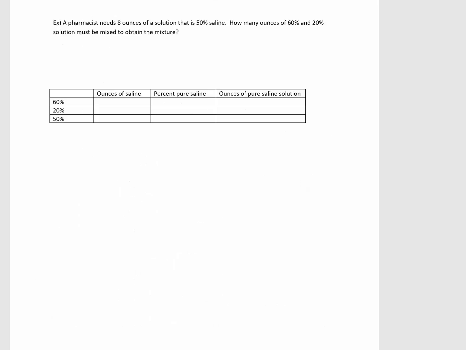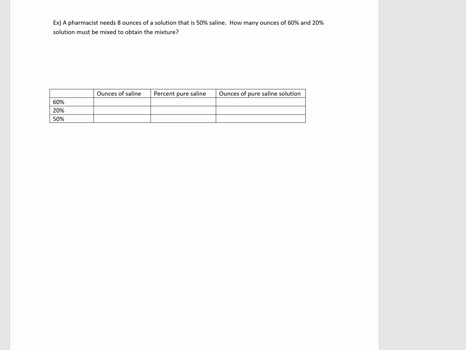Okay, let's take a look at the next example. A pharmacist needs 8 ounces of a solution that is 50% saline. How many ounces of 60% and 20% solution must be mixed to obtain the mixture? All right, so the 2 unknowns are the ounces of 60% saline and ounces of 20% saline.